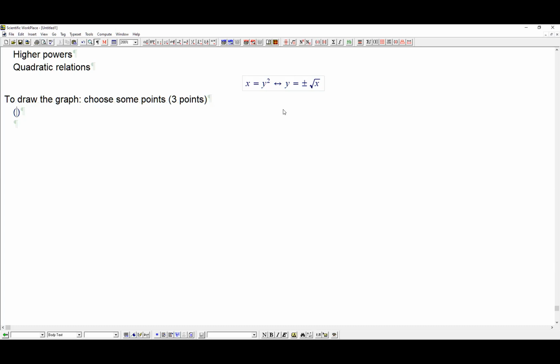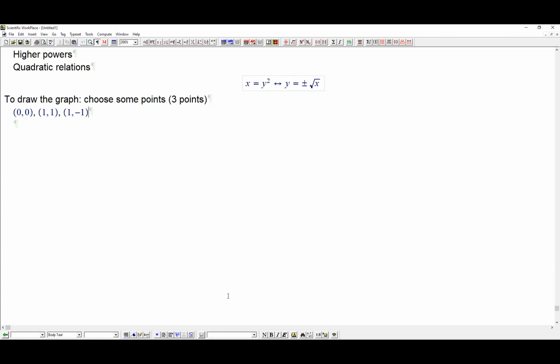So let's pick, say, 0, 0. 0, 0 is inside, because if x is 0, y is 0. Then if y equals 1, then x would be equal to what? 1. And if y equals -1, x would be equal to 1 again. So we have 3 points. You can pick the points you like, but I suggest choosing simple ones. So we have 3 simple points.